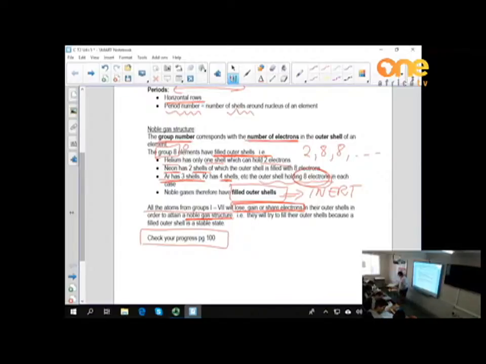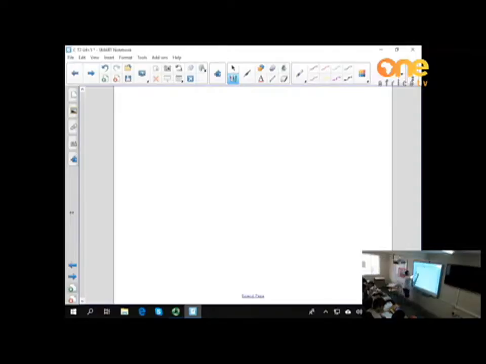Number 4, the electron structure of element X is 2,8,5. Let's quickly have a look. So now they ask, what is the group number of element X? Now the group number tells me how many outer shell electrons there are, so it has to be in group 5.